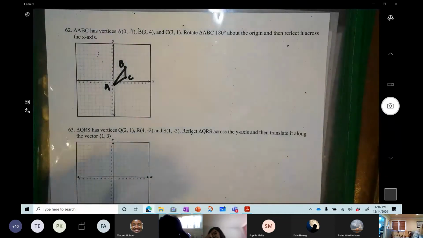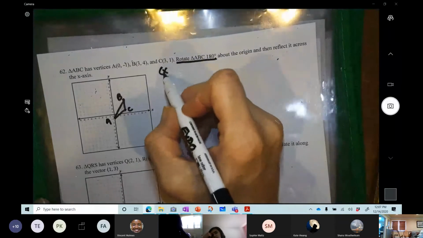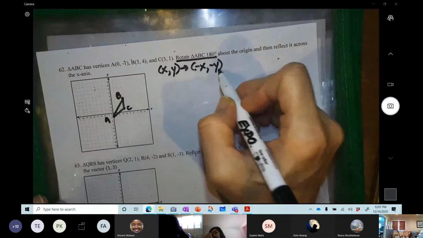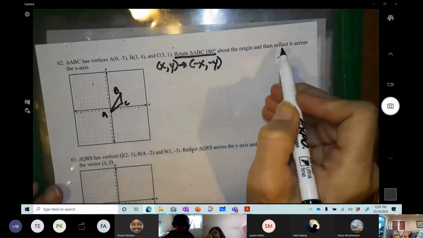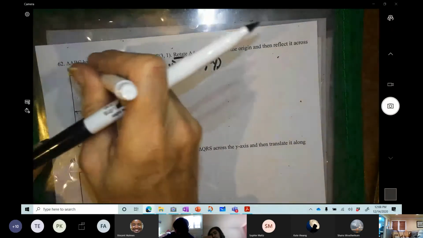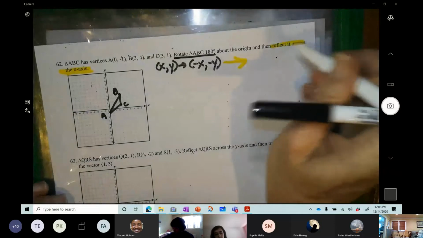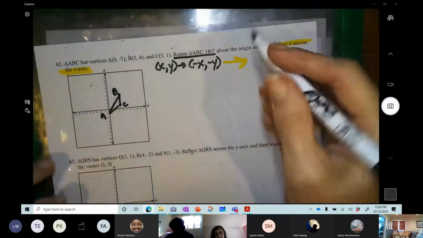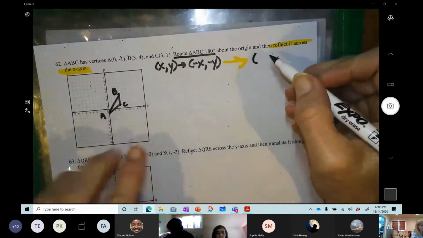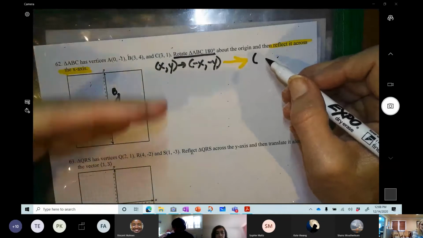So for each one of these, what I would do is write the rule first. My rotation rule for 180 just changes the signs. But then if I reflect it across the X, that's the second transformation. Remember, if I'm going across the X, the Y's are the ones that are changing.